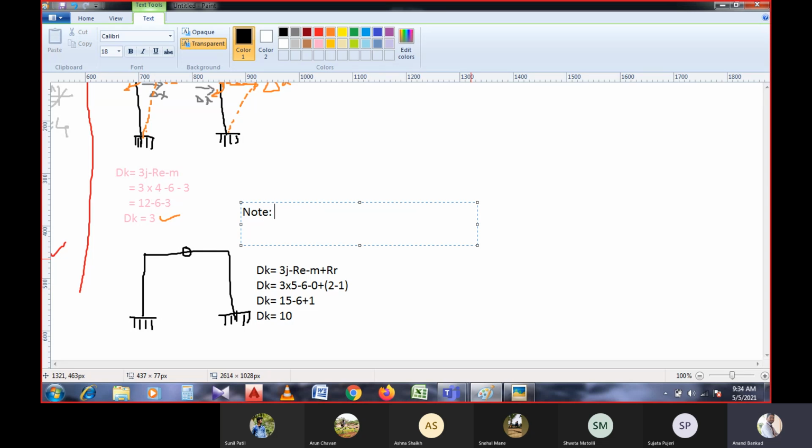The note: you can have the members extensible, or the members are not rigid, or the axial deformations are considered. Axial deformations are considered, and the member is not rigid.